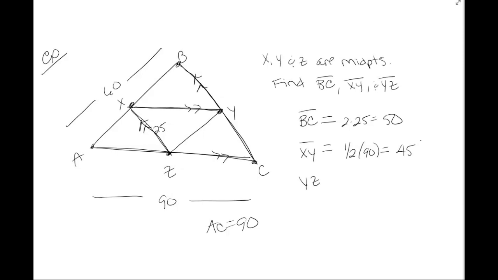Finally, you have YZ. This is our last segment here. Of course, he is going to be parallel to AB. AB is 60, and I know that YZ is 1/2 of that long side. And 1/2 of that long side is going to be 30.